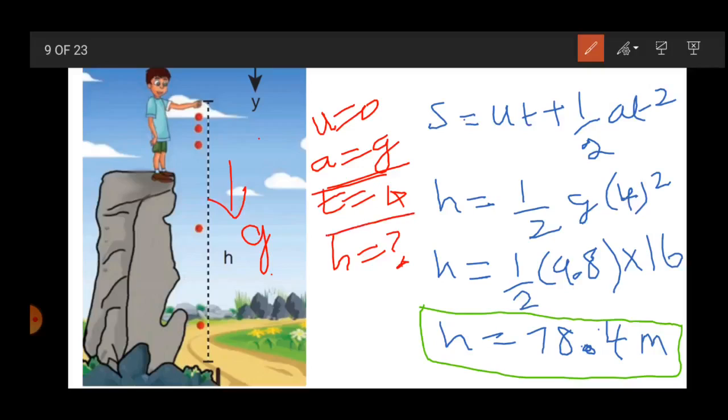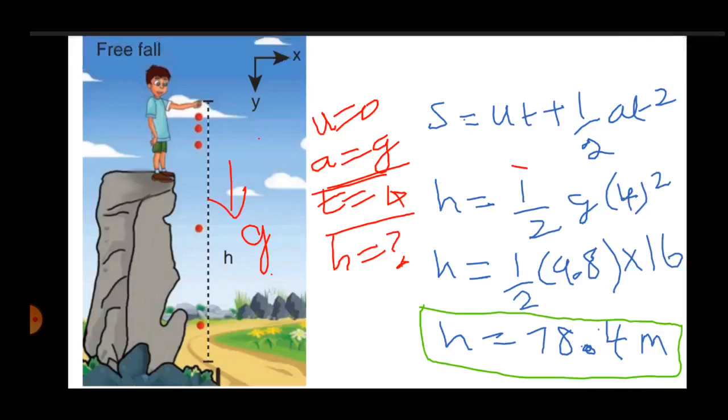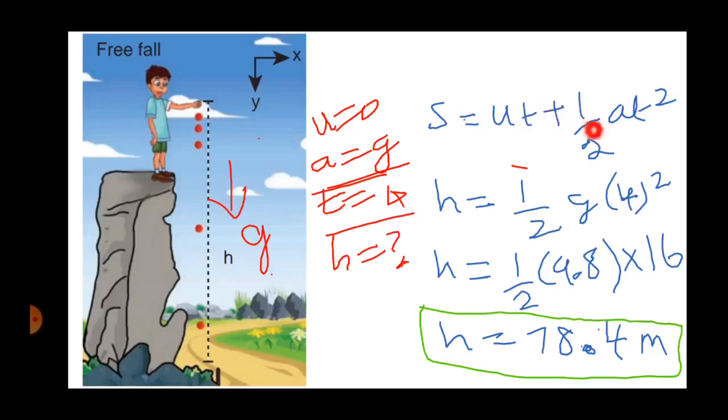Now calculate h. h is nothing but distance. So we know the kinematic equation for distance, s is equal to ut plus 1 by 2 at square. Now substitute the values. s is nothing but h. h is equal to u t, and the initial velocity u is 0, plus 1 by 2 g t square.